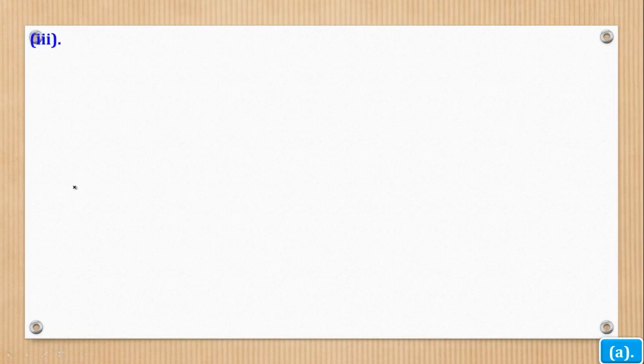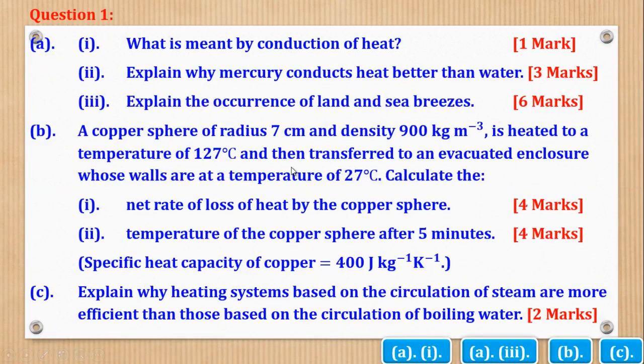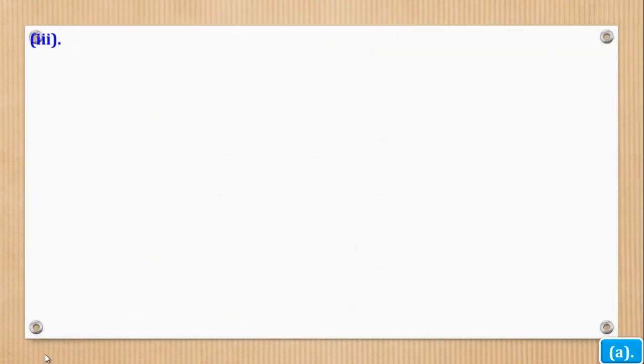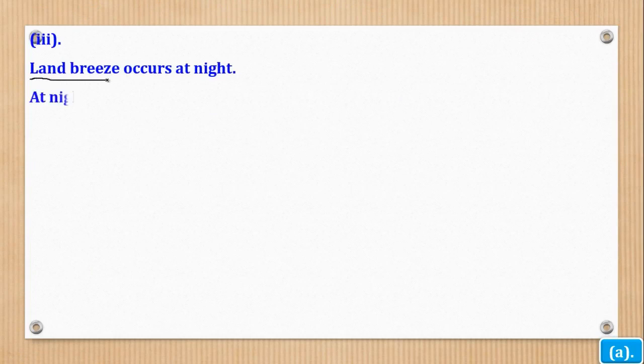Now we shall go to part A Roman 3. Roman 3 says, explain the occurrence of land and sea breezes. One, we need to remember that land breeze occurs at night.